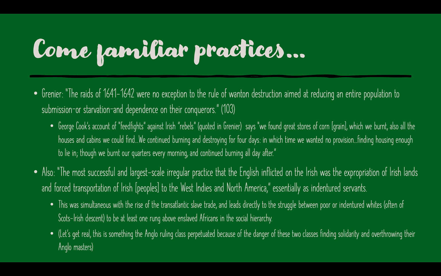So this is the era, look at that, 17th century, where we start to see that the practice of reducing an entire population via either submission or starvation is really honed and cultivated in Ireland, and then they will export that to North America.